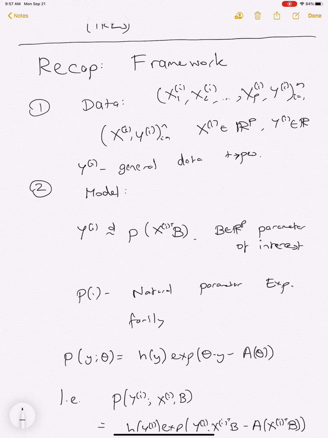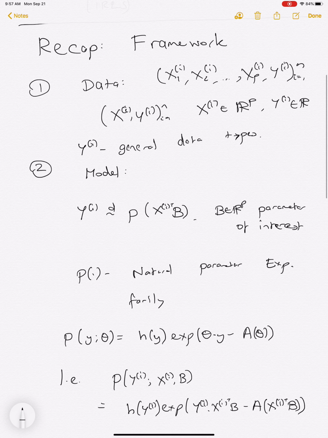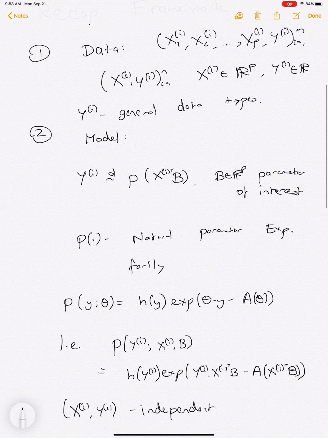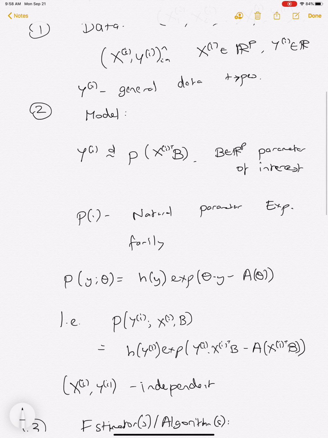And importantly, y^i could be any general data type. It could be binary, it could be count, it could be continuous, and the generalized linear model framework will help us deal with all of these different data types. So the statistical model that we're dealing with here is the generalized linear model. What we've gone through in the last lecture or two is what this model actually means.